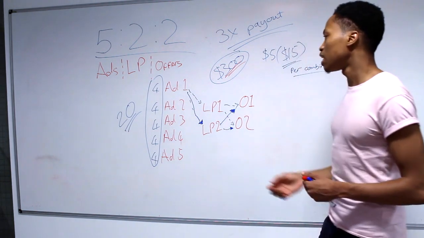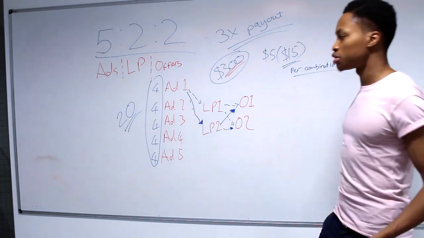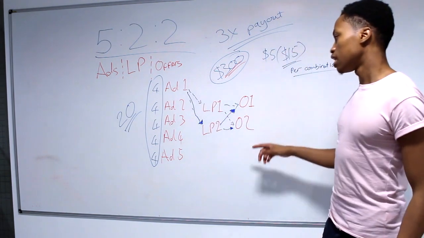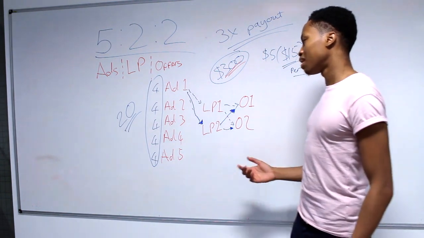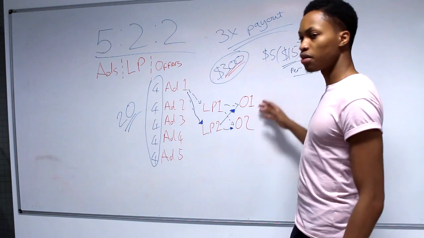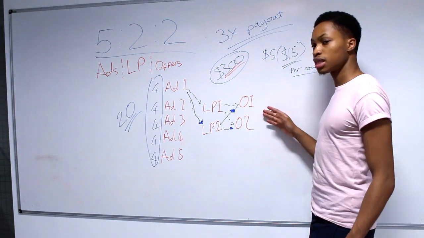Okay? And sometimes you can mess around with these numbers. So you can start off with 2 ads, 5 landing pages, 5 offers, right? But I recommend 100% of the time that you have 2 hot converting offers on the CPA network that you're running with.